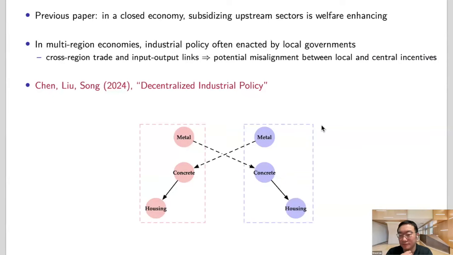So you want to essentially impose export taxes on metal going to the other region. Correct. If these are actually different countries, their incentive is to impose export taxes, or actually import tariffs. Import tariffs and export taxes would generate some kind of Lerner symmetry. They would have the same general equilibrium effects.